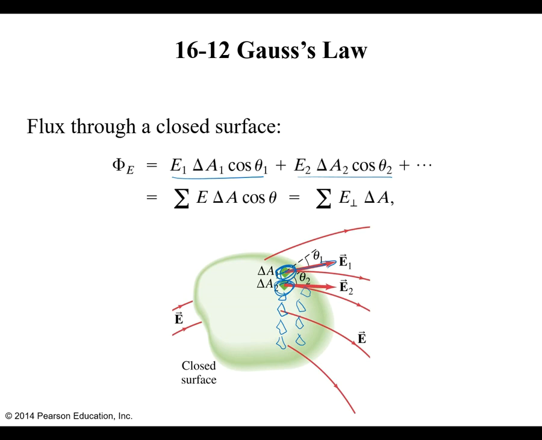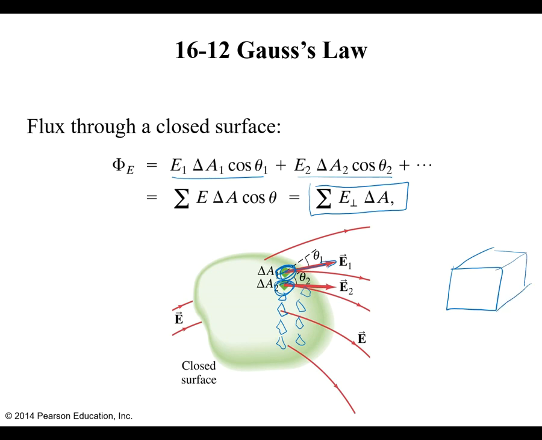Now, to do this properly, you're going to need something in calculus called an integral. We're not going to deal with the integral. We are satisfied with just approximating it as the sum of perpendicular electric field times area for each area on our surface. Okay? Now, let me give you a simpler example.